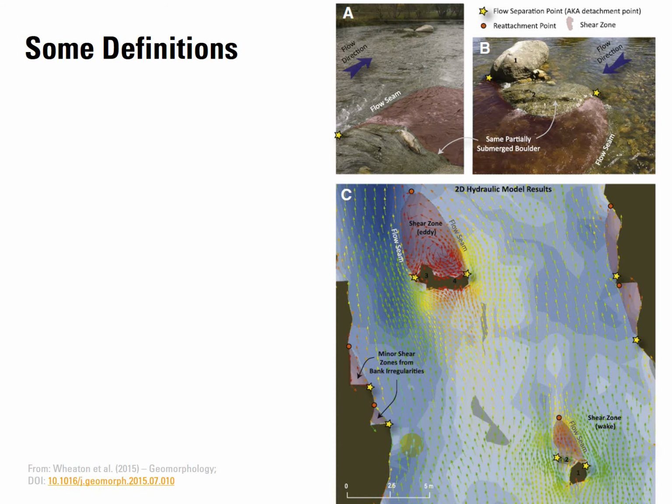Okay, so some definitions for you. This diagram on the left, just so we know what we're looking at, is a plan form map. This is a hydraulic model output. It has two pieces to it. It has in dark and blue, the shade of blue corresponds to water depth.